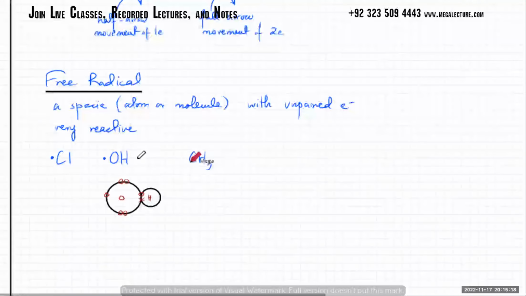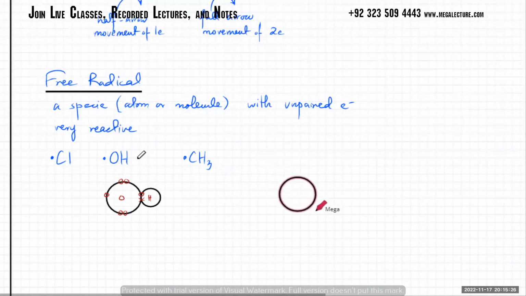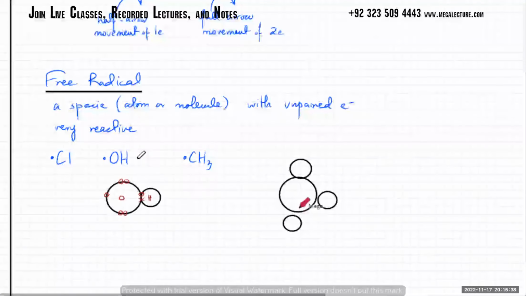कि अगर मेरे पास CH3 है ना, that's obviously a free radical because the carbon bonds are not complete. ठीक है, if I draw this one, there's going to be one H over here. अच्छा, one H over here, one H over here.